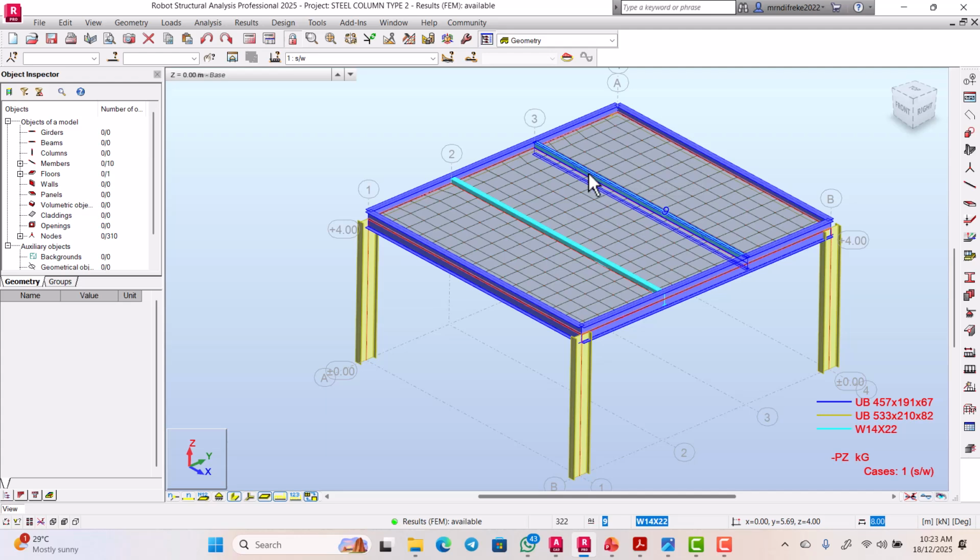So this secondary beam is known as a restrained beam because the top flange is being restricted or prevented from lateral movement. So meaning that the top flange is fixed. This top flange is being fixed as a result of the placement of the slab. So this beam cannot move laterally because the top flange of this beam is restrained.